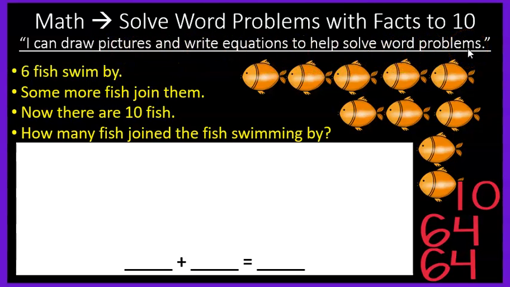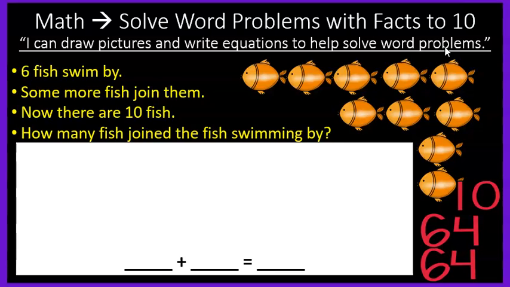Once you're done with this lesson, this is what you're going to be able to do. Let's read it together. I can draw pictures and write equations to help solve word problems.